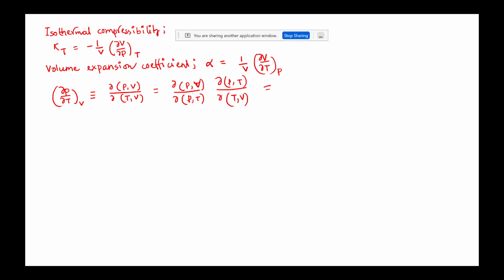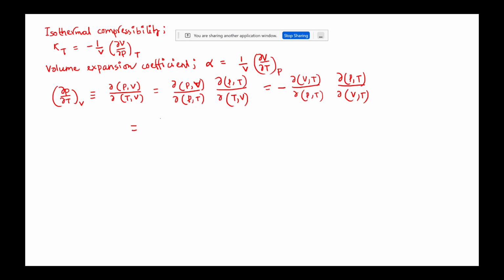Now here P is on these two sides, so we'll just revert it like this, del V T, del V T, del P T. Since we have changed the order in numerator and denominator both, in two places we have changed the order, so there will be no minus sign. But here we have changed del P T divided by del V T, so we have changed only one, so there will be one minus sign.